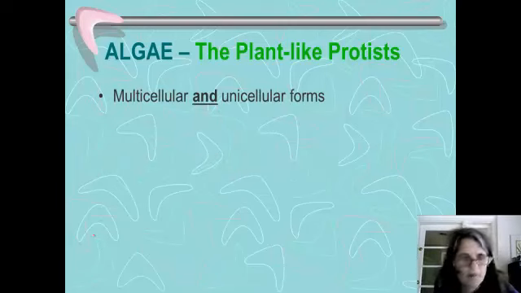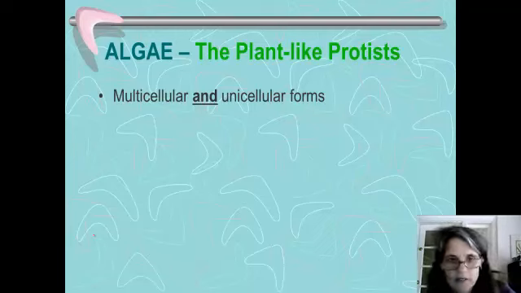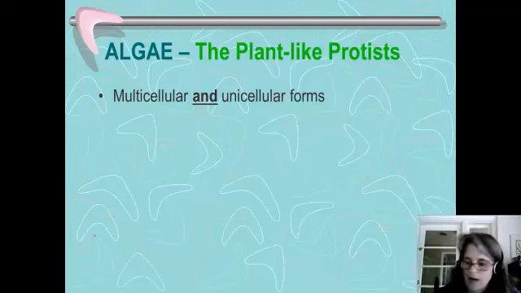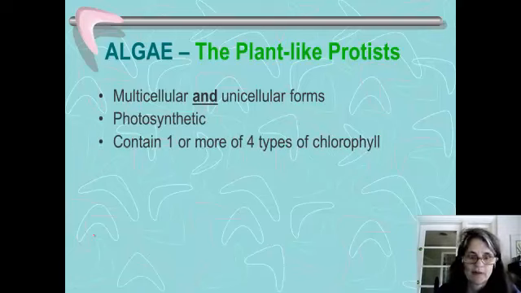As you may already be aware, there are both multi and unicellular forms of algae. Unlike the animal-like protists where they are all unicellular, in this case they can be either or. They are all, however, photosynthetic.